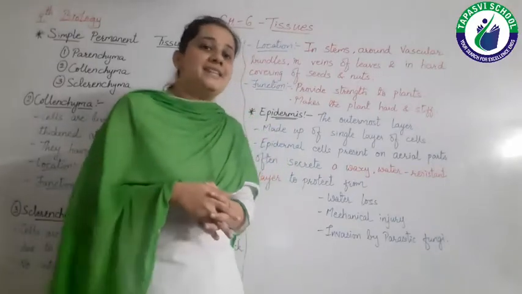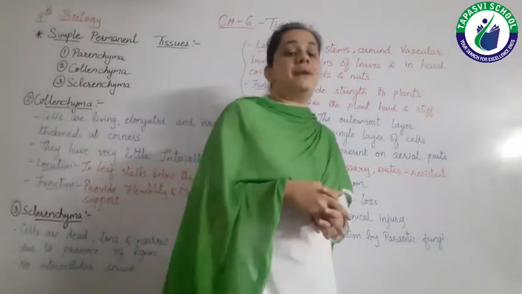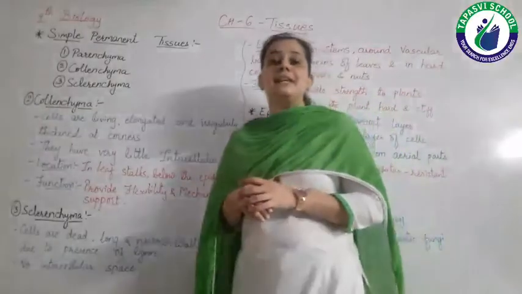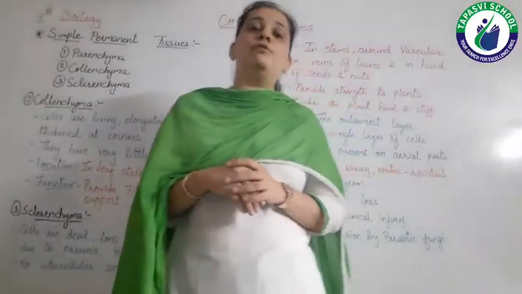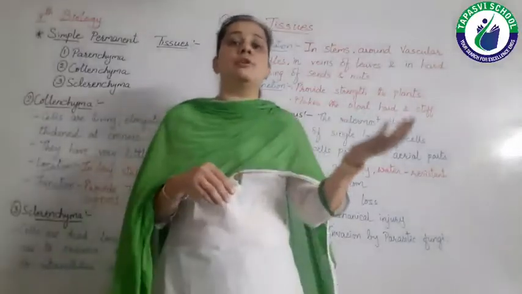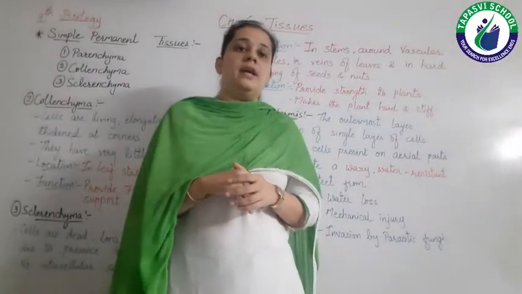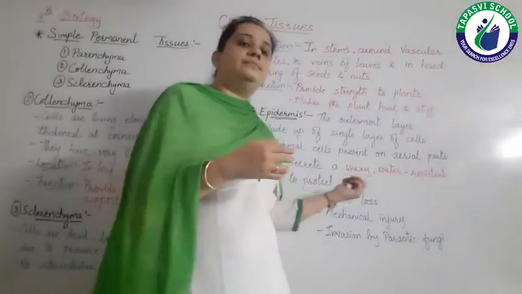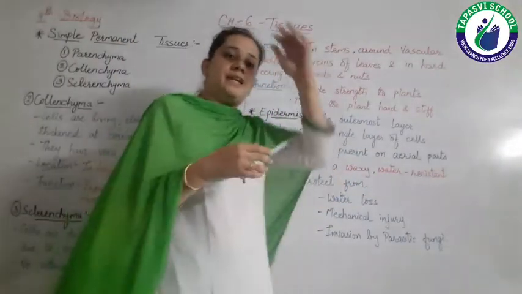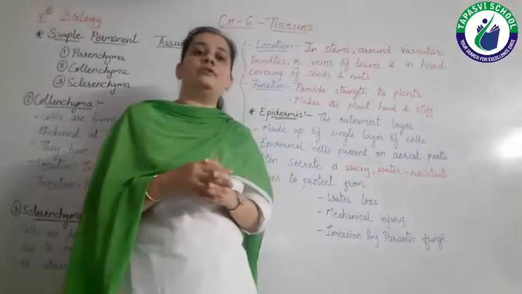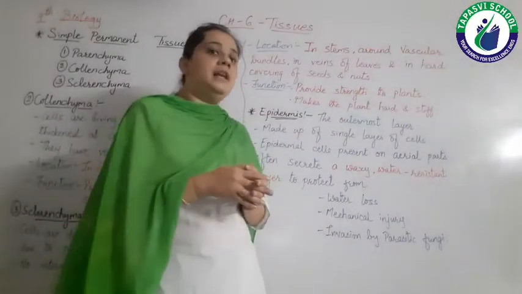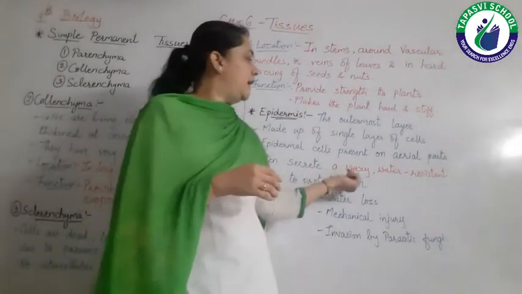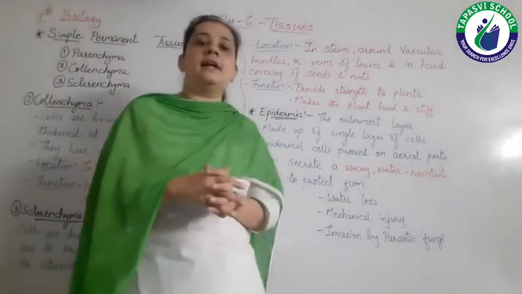As we know, if these plants are in the desert, then epidermal cells are there to protect from water loss because of transpiration. In huge trees, the epidermal cells present on the aerial parts of the plant will produce a waxy water resistant layer.